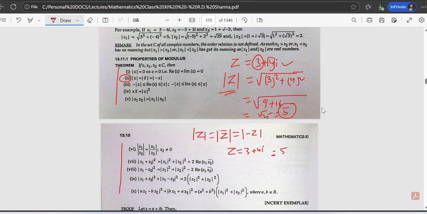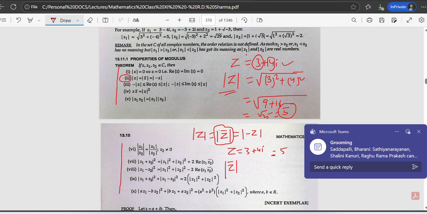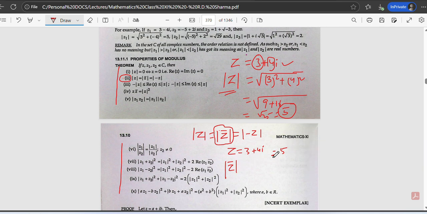Now let's say we want to find the bar first. So z bar will be 3 minus 4i, and if you find the modulus of this, again it will be 5.